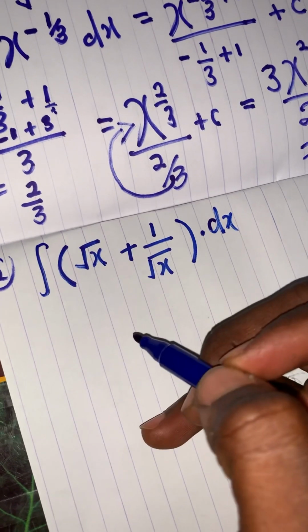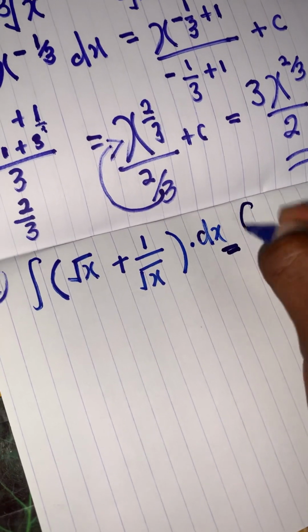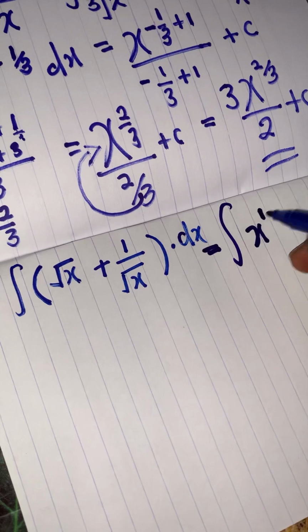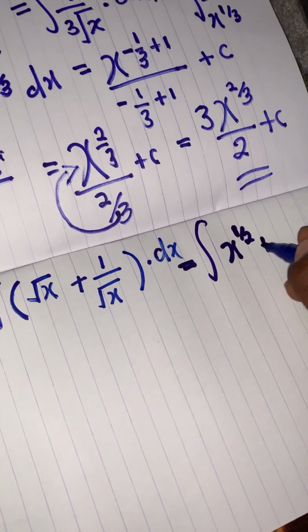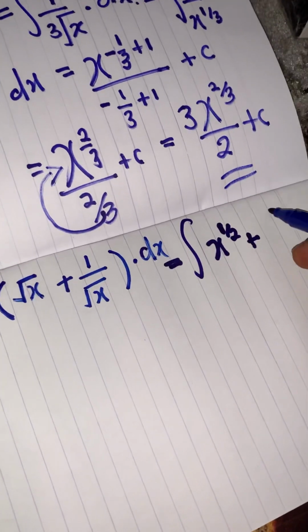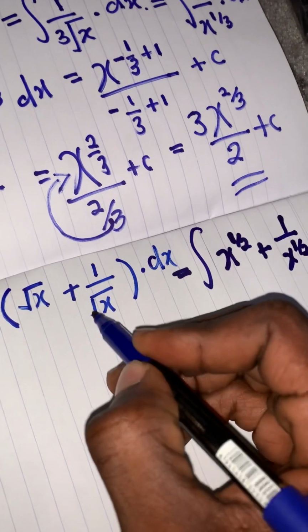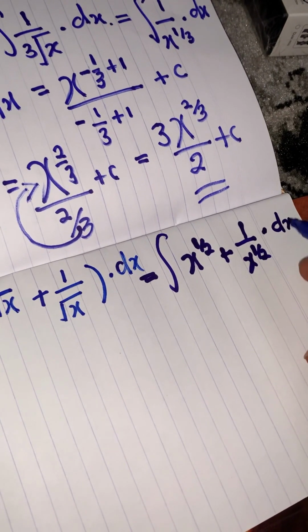of x dx. We can further simplify this as integral of x power 1 over 2 as the root, then plus 1 divided by x power 1 over 2 as this root also, then dx.